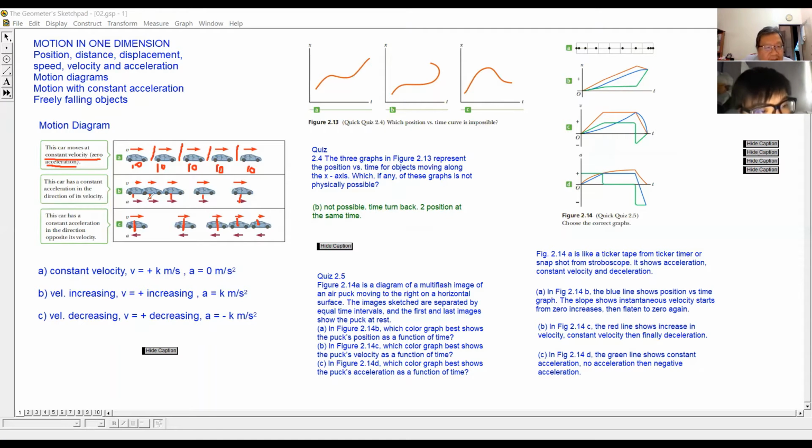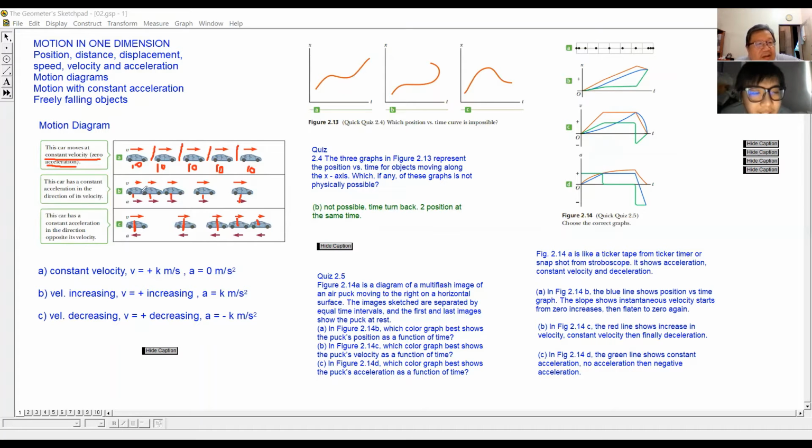The spacing here is increasing, and even more. So the velocity is increasing.